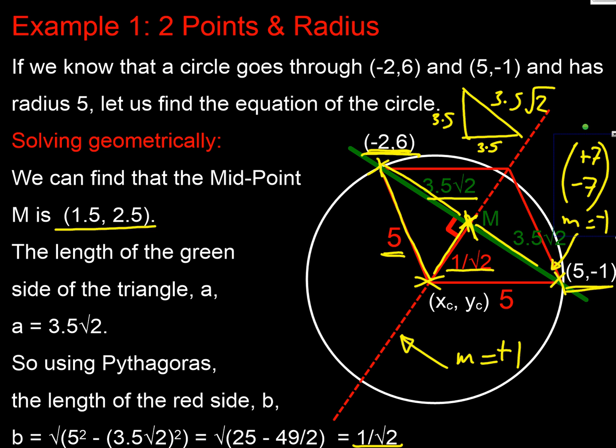The red line is perpendicular to the green line, and we know the relationship between perpendicular lines and their gradients. So we now know that the gradient of our line bisector is +1 and it goes through the midpoint. And we know the distance down that line that it goes there is 1/√2.